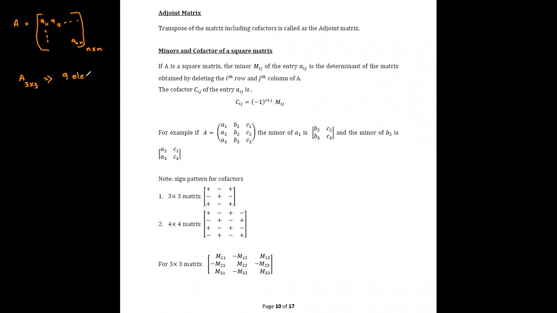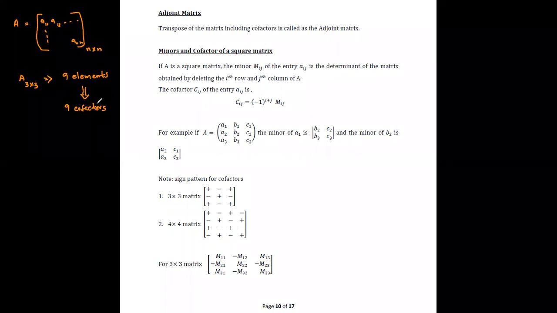If you have 9 elements, then there should be 9 cofactors. Therefore, for any given square matrix, the number of cofactors you have to obtain is equal to the number of elements or entries in the matrix.